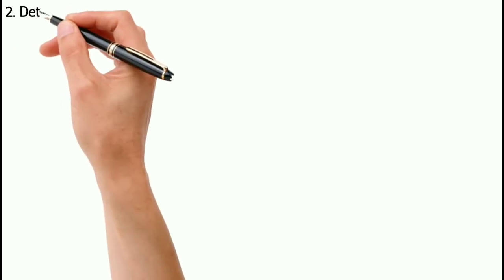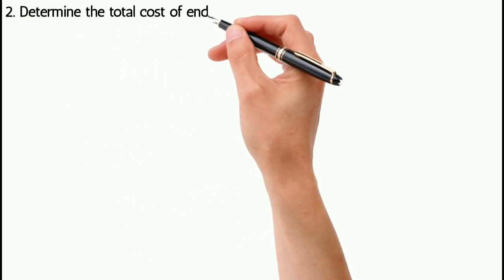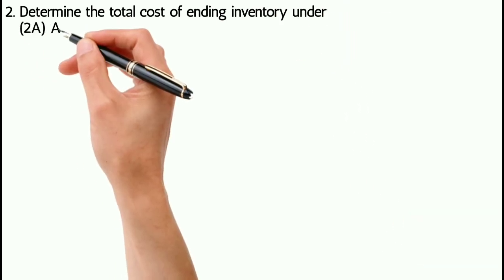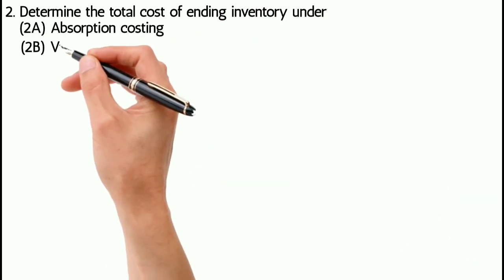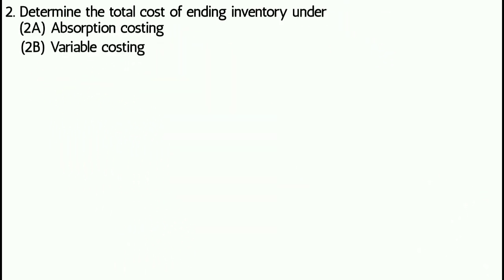Next, requirement number 2, determine the total cost of ending inventory under absorption costing and variable costing. Unahin natin yung total cost of ending inventory under absorption costing. Ilan yung ending inventory? 15 units.